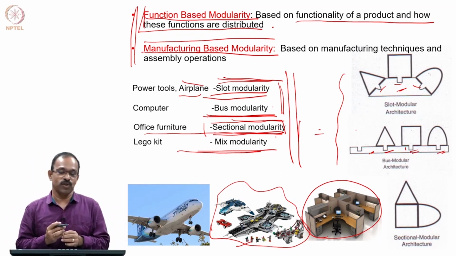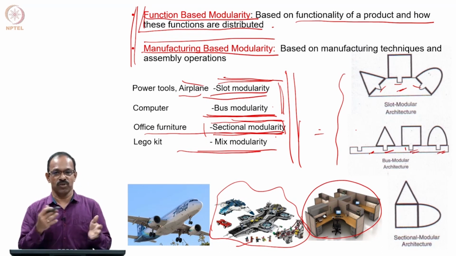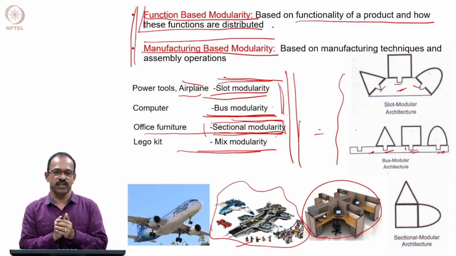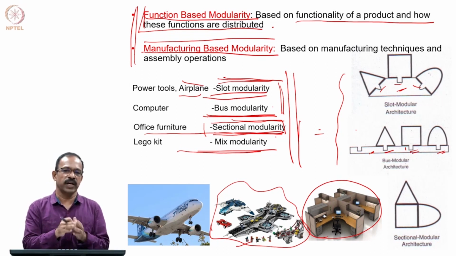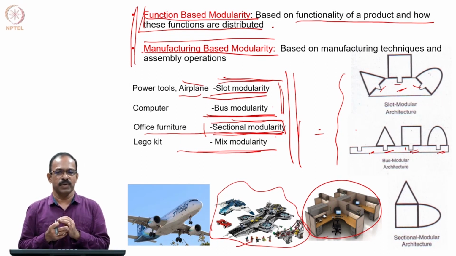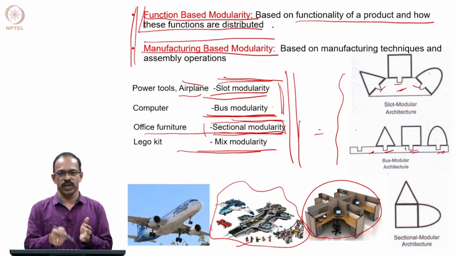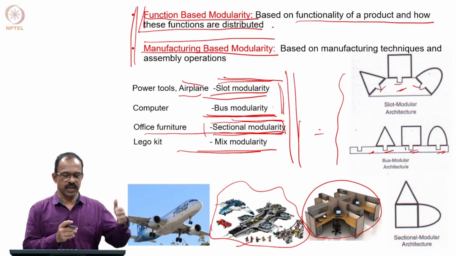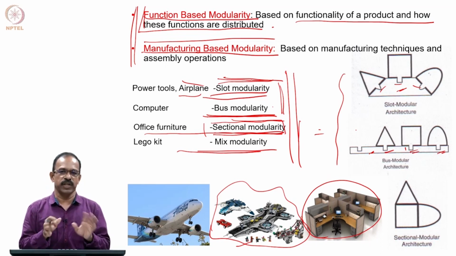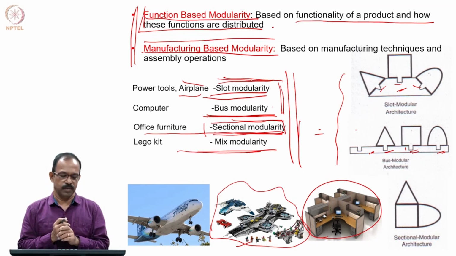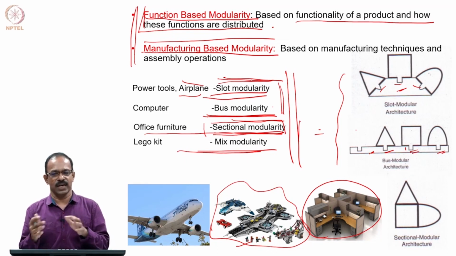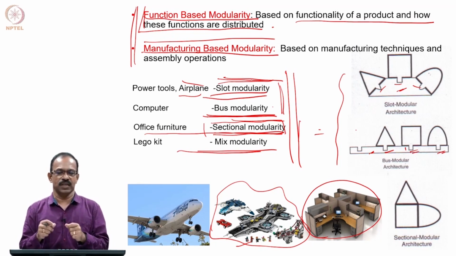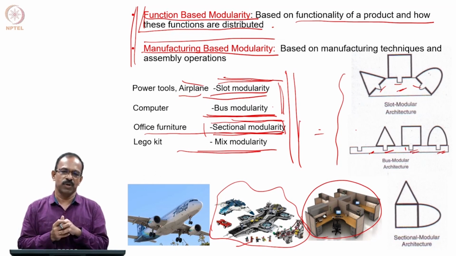What kind of modularity you want to provide in the product depends on the product and all the other factors that we discussed. So, the designer can take a call on what modularity they want to provide, and in many cases there will be both slot and bus modularity. Even if you take a computer, it is a combination of slot and bus modularity, because the connection to the processors and the RAM and things like that will be using a bus modularity.